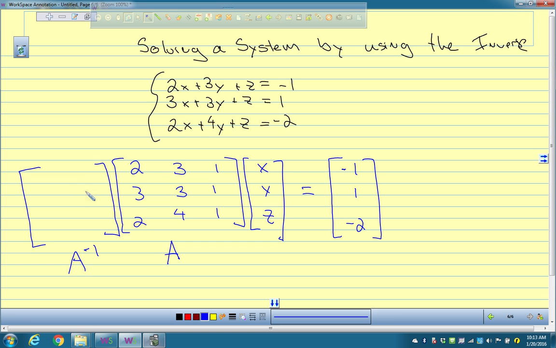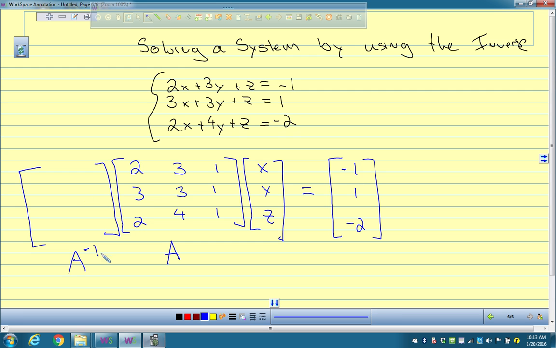The identity matrix times XYZ is going to give me what? XYZ, right? The identity matrix is like multiplying by 1. So if I multiply this times this, I get the identity matrix. And that identity matrix times this is still xyz.